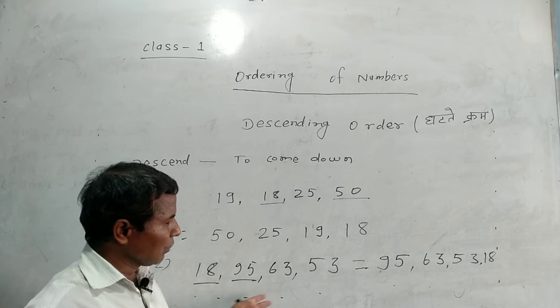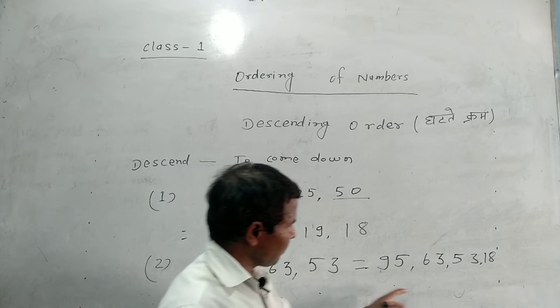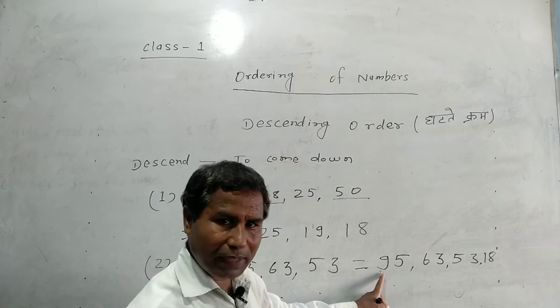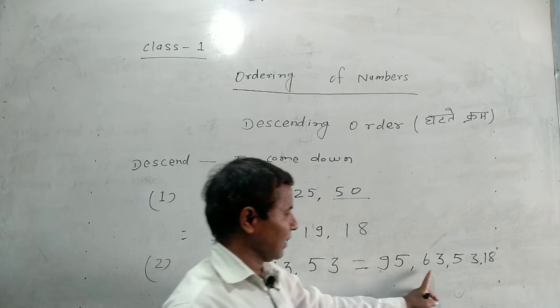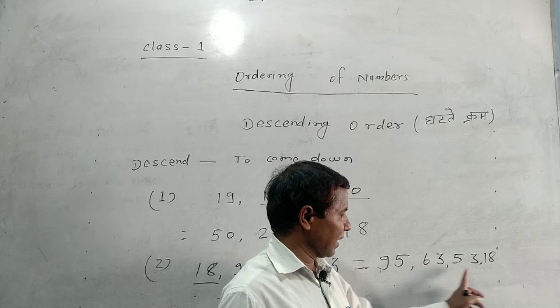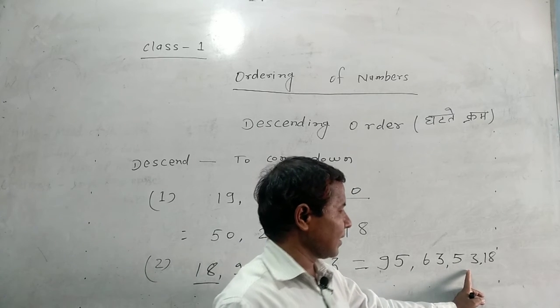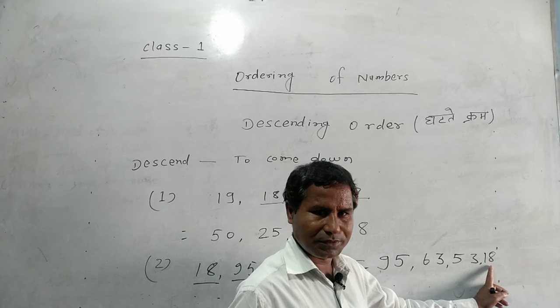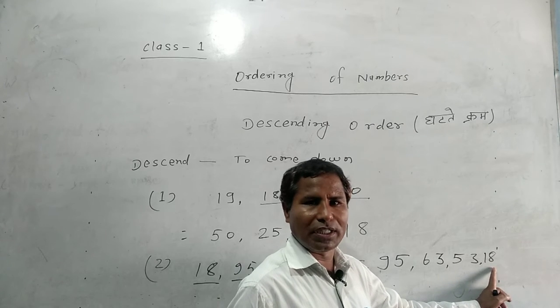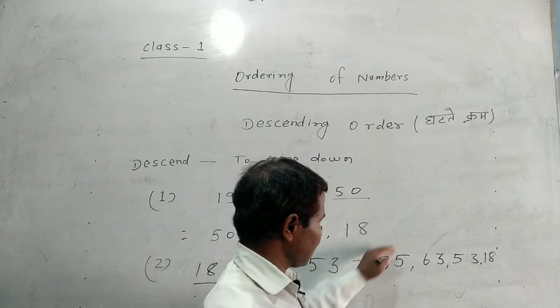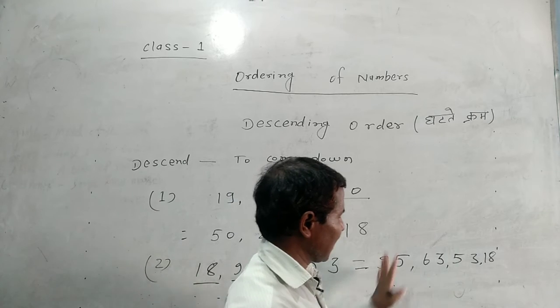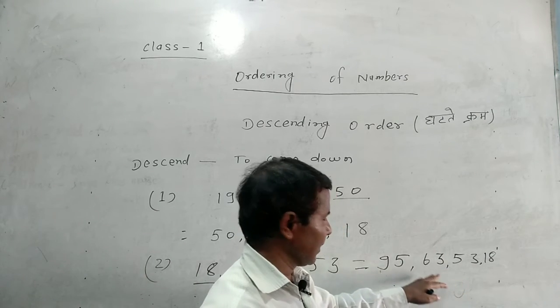Now you are looking here. First of all 95, after it 63, after it 53, and at last 18. Now these numbers are arranged in descending order.